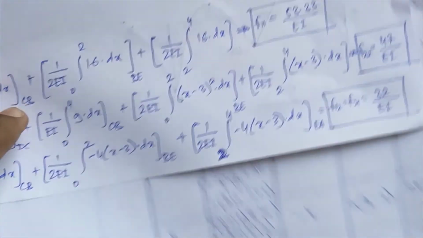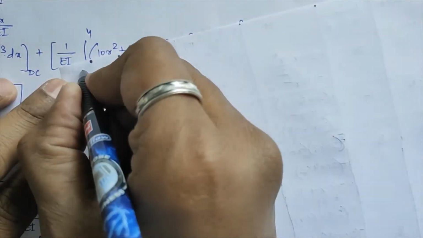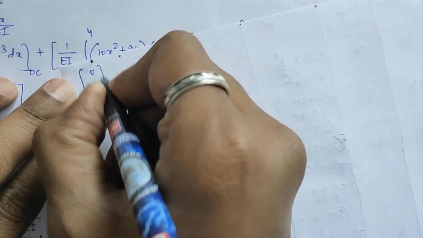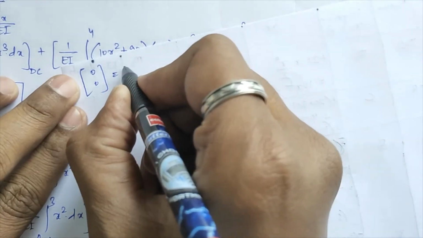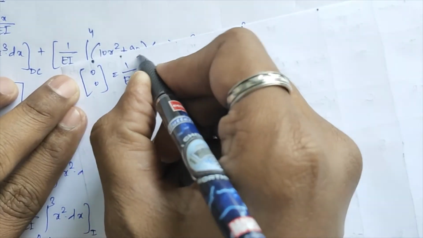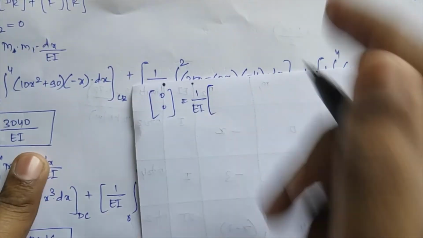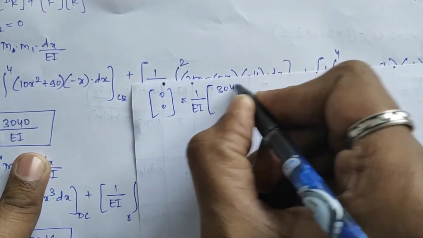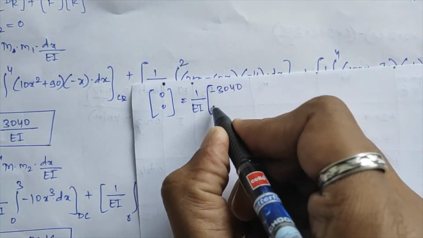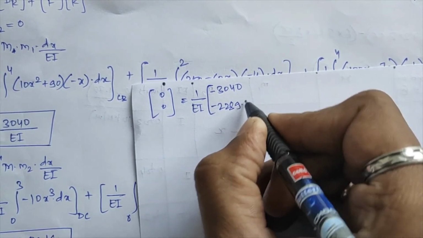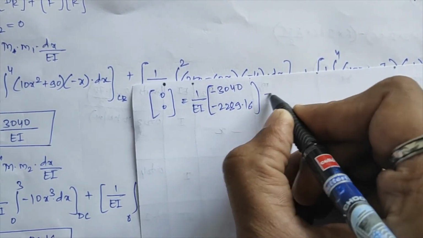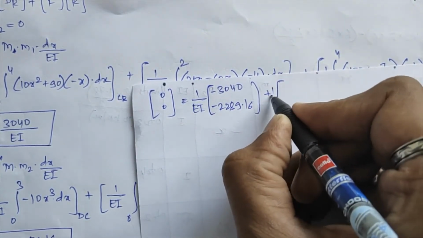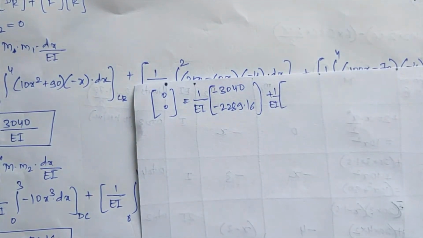Now I'll write all the terms in matrix form. Both D values I am getting 0, equal to dr1, and from that 1 upon EI will come common. So dr1 I am getting as 3040 minus 2289.16 plus f values, again 1 upon EI common.